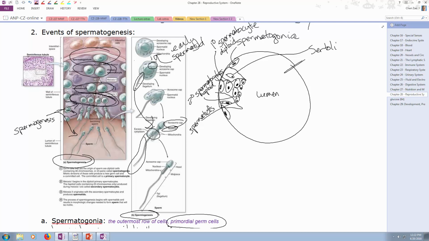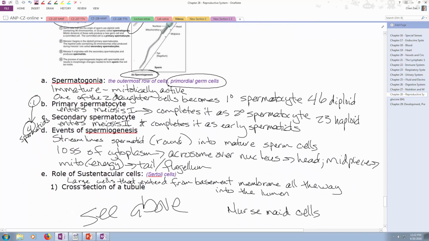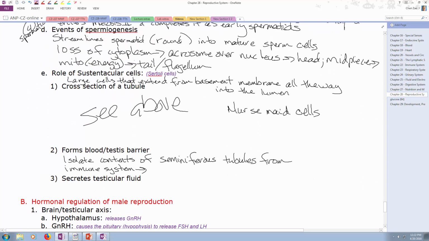Get him out of there. And so this is important, and the Sertoli cells are responsible for this. So the Sertoli cells help form the blood-testis barrier to prevent autoimmune infertility. That's a big deal.